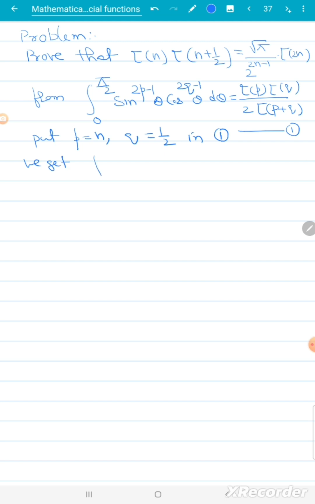We get the integration from 0 to pi by 2 of sine 2n minus 1 theta into cos to the power of 0 theta d theta, since 2 into 1 by 2 is 1, equals gamma of n into gamma of 1 by 2 by 2 into gamma of n plus half.